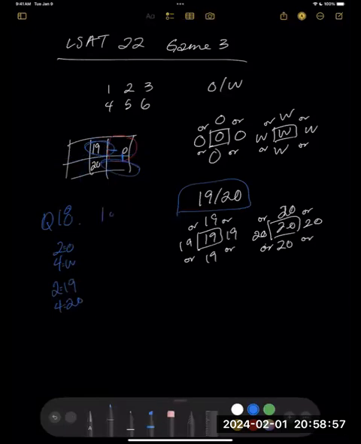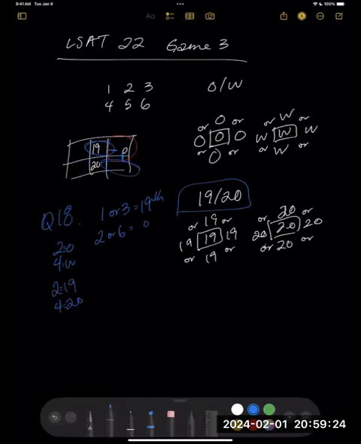But 1 or 3 is 19th century, and 2 or 6 is an oil. And we know that anything that's not 1, 2, or 3 can't be 19th century.